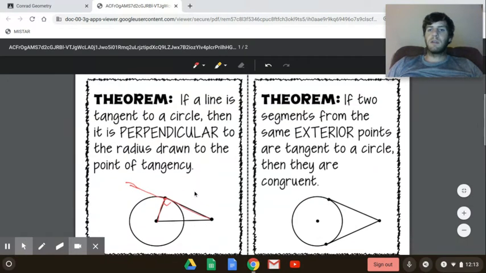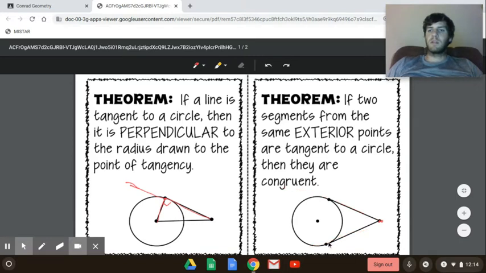Okay, the second thing we know is if two segments from the same exterior point, so we have a point out here, are tangent to the circle, then they are going to be congruent. So if we have two segments that are tangent here, or segments that are really part of tangent lines, these two lines would intersect at one point.